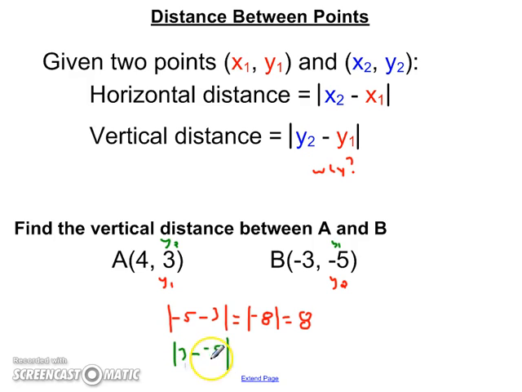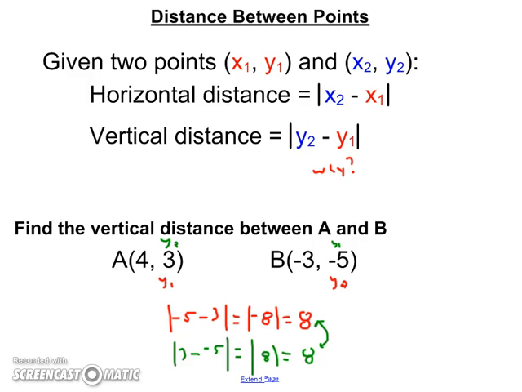Watch this. You also have to go back to things you know before: minus a negative is plus. So this becomes 3 plus 5, which is positive 8, and the absolute value of positive 8 is 8. Either way, you'll notice I ended up with 8 units vertically.